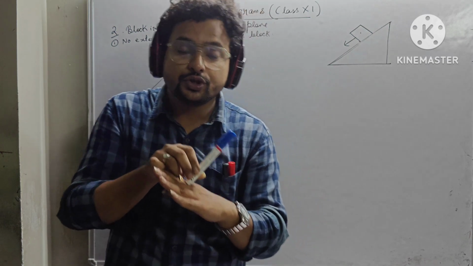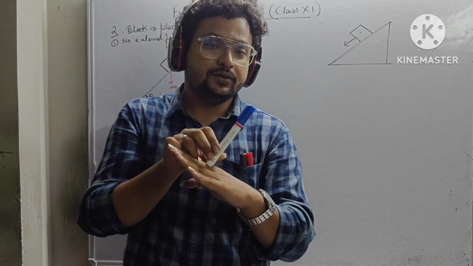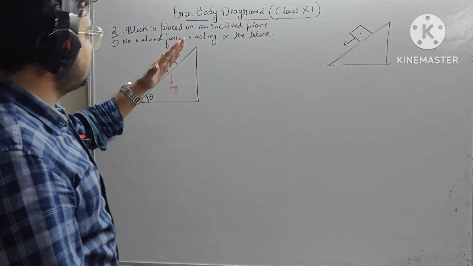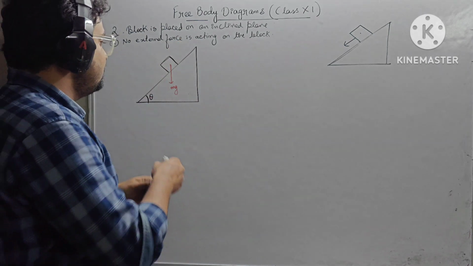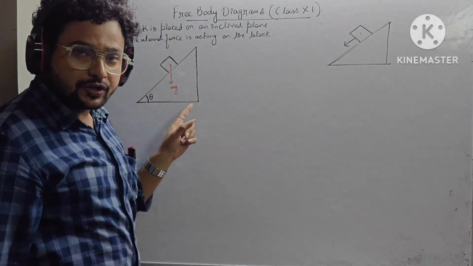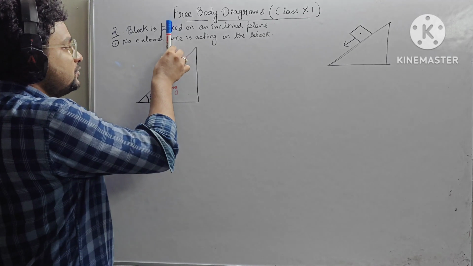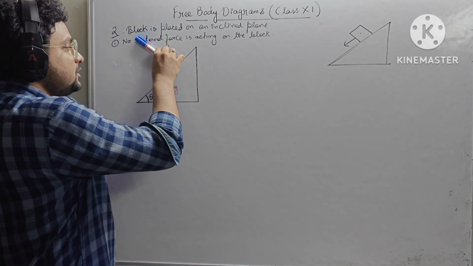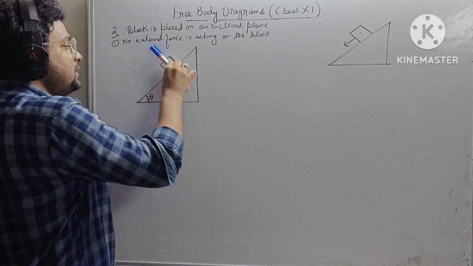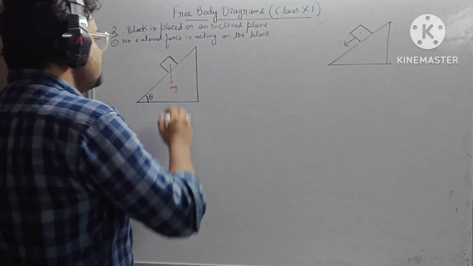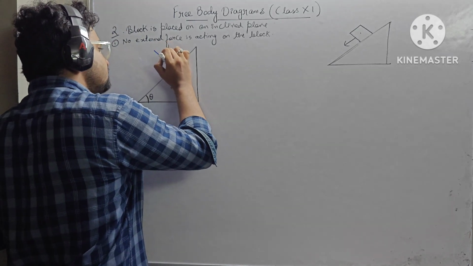The weight of the body always acts vertically downwards. But over here, the reaction force will not be this one. The reaction force will be this one, acting perpendicular to the surface.